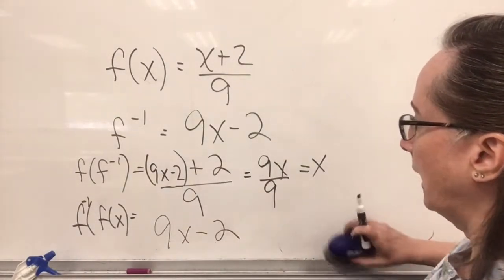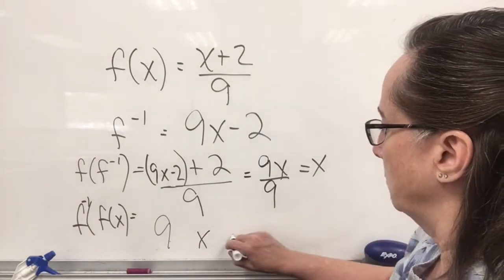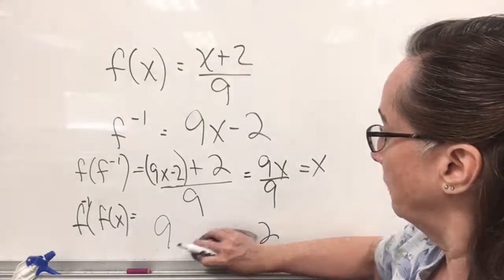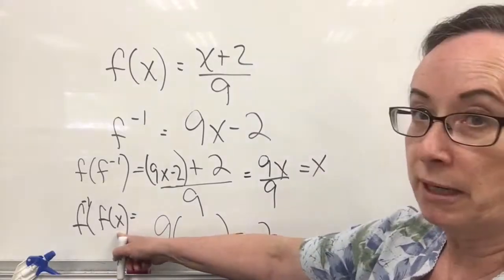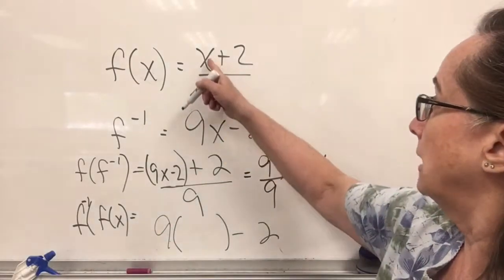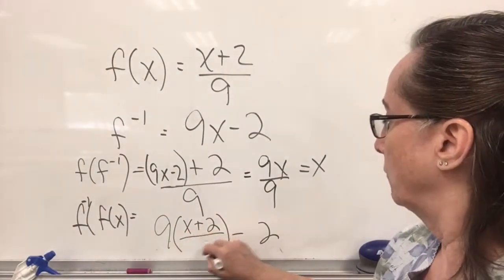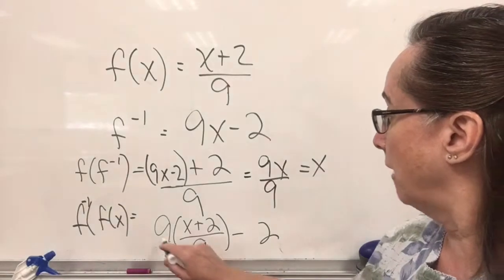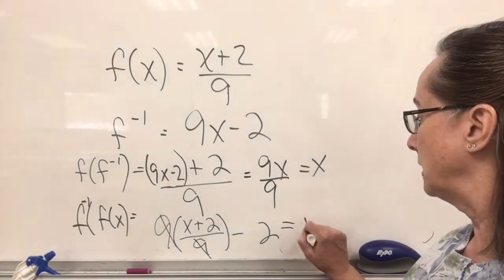And then in place of the x, I'm going to take out the x and put in my original function, which is x plus 2 over 9. The 9's are going to cancel each other out, and I get x plus 2 minus 2, which is x.